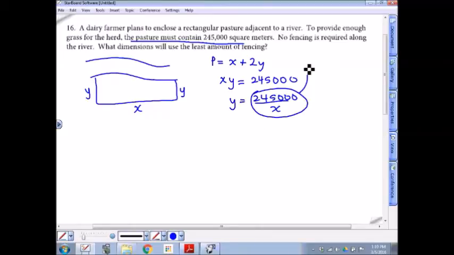So now we can take this and plug it in for y and create a new perimeter formula. P equals x plus 2 times that area formula, 245,000 over x. I'm simplifying this a little bit.